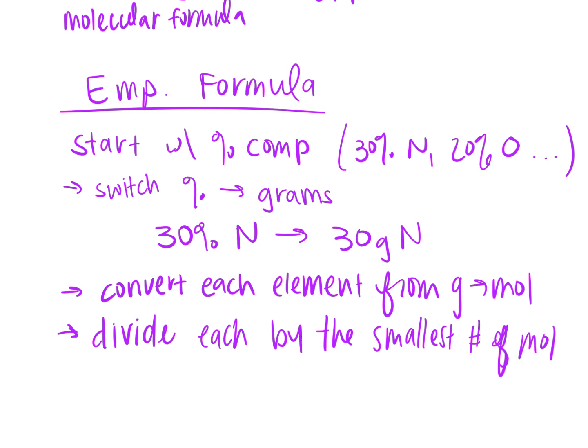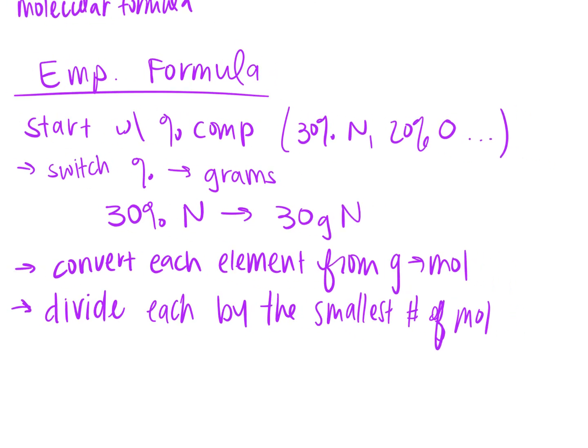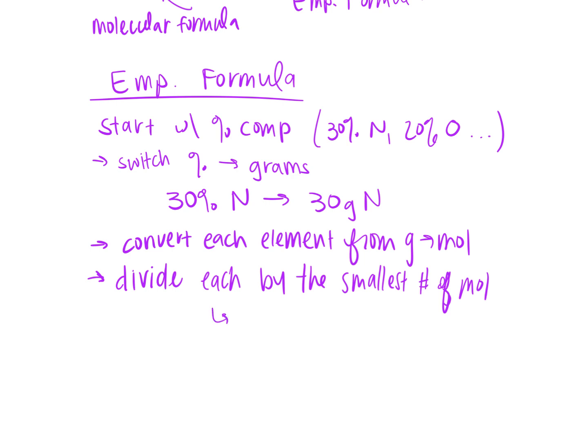So if one of them's 2.4 moles, one of them's 0.8 moles, one of them's 3 moles, we're going to take each of them divided by 0.8, and that's our smallest number of moles. This step gives us a ratio of how those elements are going to fit together.